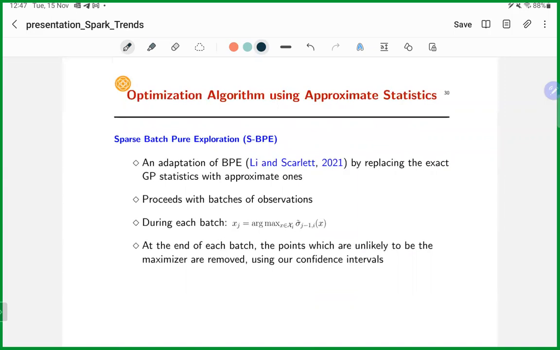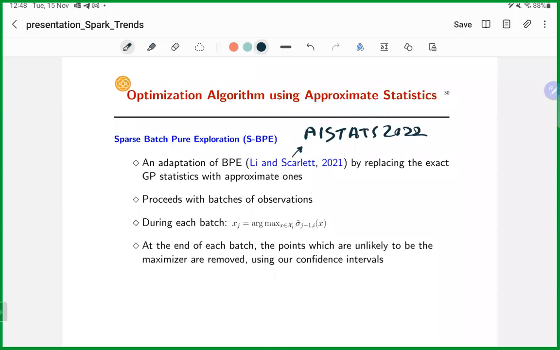So what we do is we use an adaptation of the batch exploration algorithm, which is a paper published in AStats 2022. Sorry, I haven't updated the reference. By replacing the exact GP statistics with approximate ones.